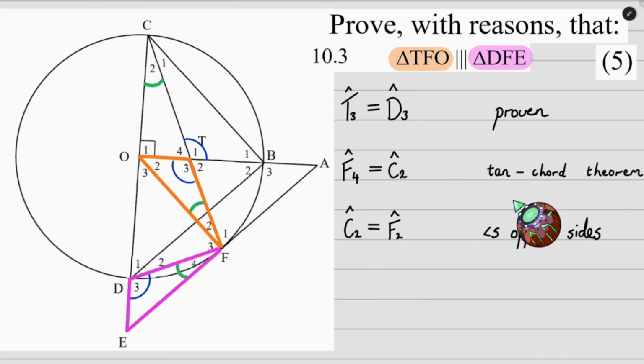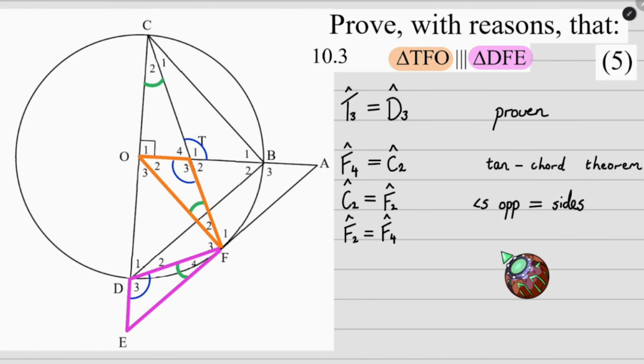Now we've successfully proven that 2 of the 3 angles are the same inside of our orange triangle as well as our purple triangle. So I just need to show the link over here between F2 and F4. Since they both equal C2, it stands to reason that these two have to be the same. And if 2 angles are the same, the third one is equal by default as discussed earlier.